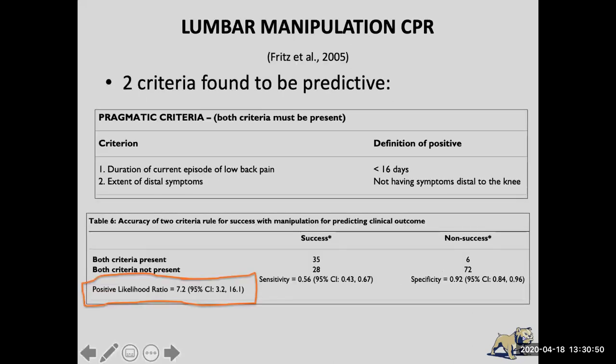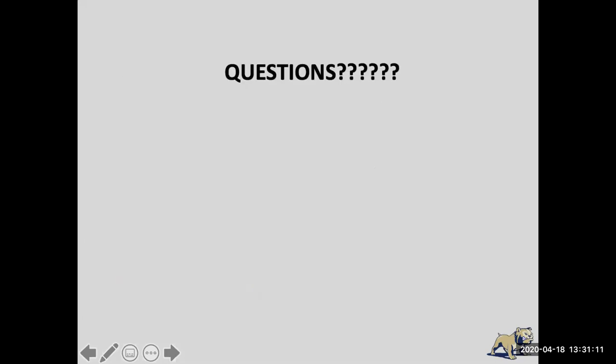So again, our two criteria that were strongest being symptoms less than 16 days, so 15 days or less, and those folks that didn't have symptoms distal to the knee. And those two factors alone associated with a nice positive likelihood ratio for a positive response to manipulation.